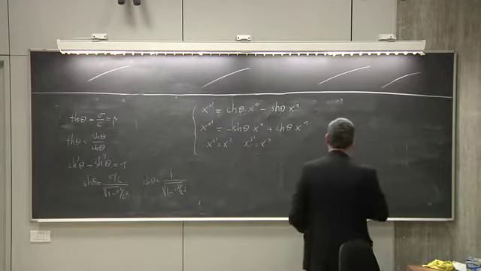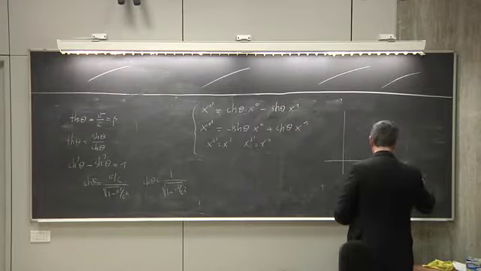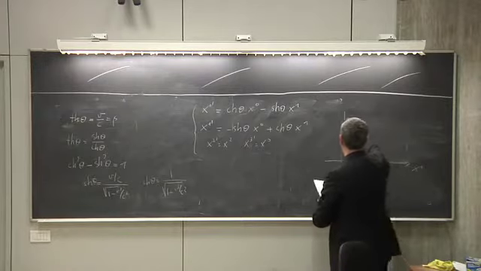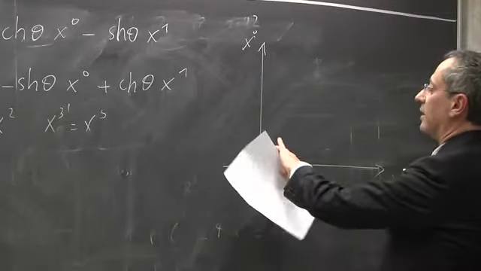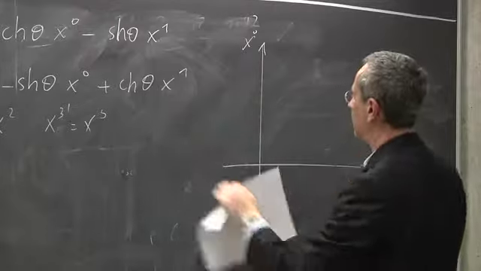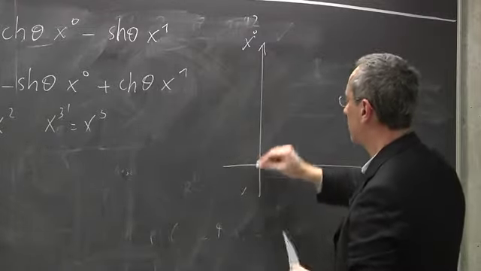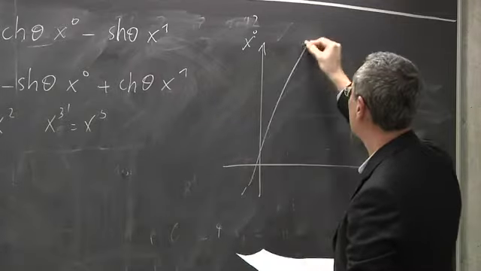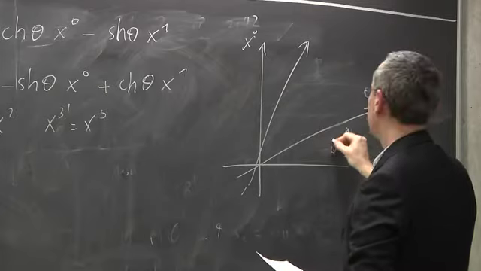If you start with your first system with coordinates x1 and x0, and you do a boost, it is a rotation, but not the rotation that we are used to, in which this rotates like this. It's a rotation in which they come closer. So this goes to a new set of coordinate system by this angle theta.